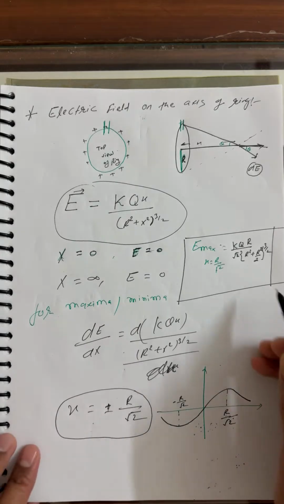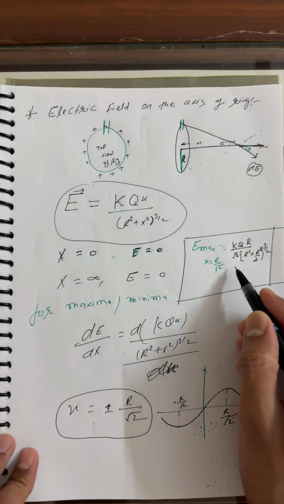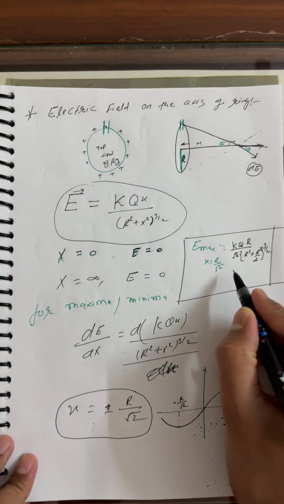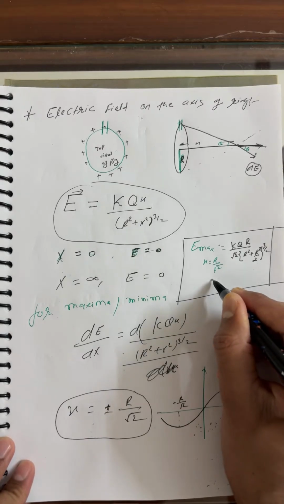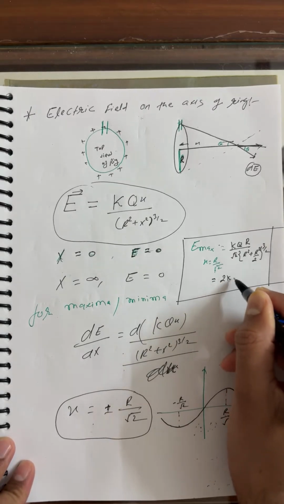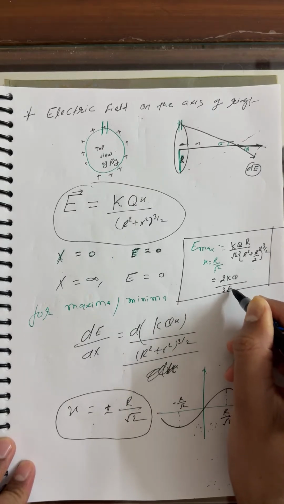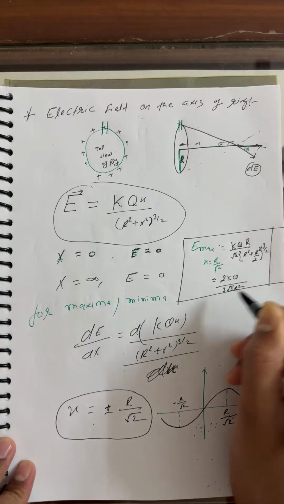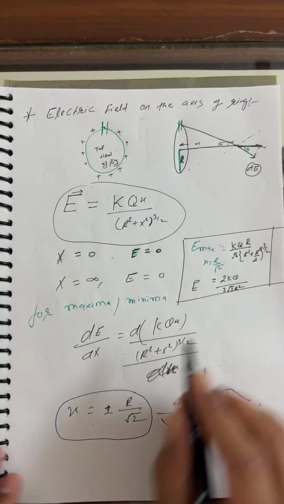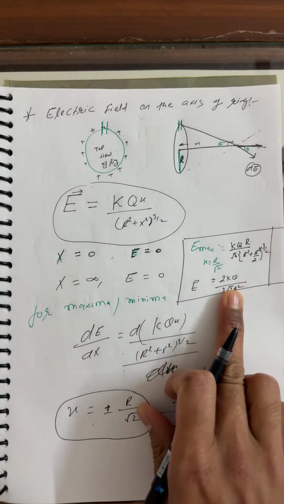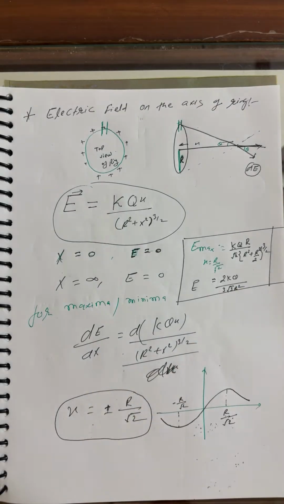Take R square common, so R cube cancels. Finally you get 2kQ by 3 root 3 R square. So keep in mind, the maximum electric field is 2kQ by 3 root 3 R square.